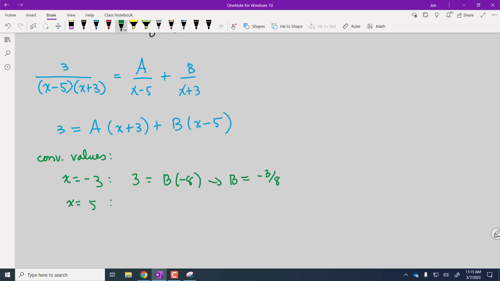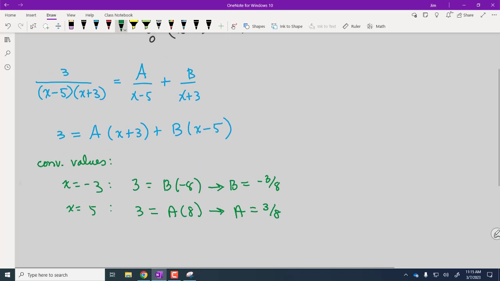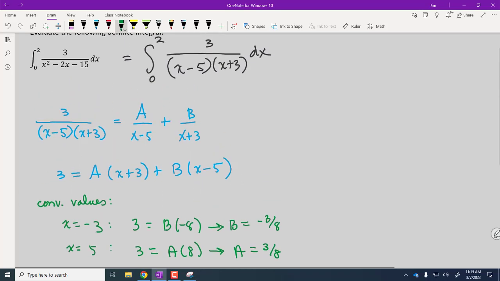When you put the 5 in here, 5 minus 5 is 0, so that goes away. So you end up with 3 equals 8A. So A will be 3/8. So -3/8 and +3/8.